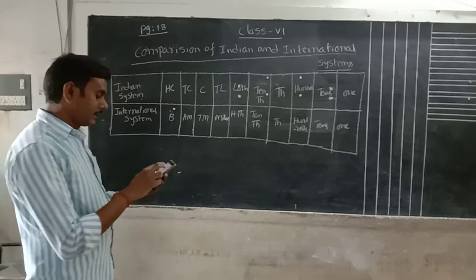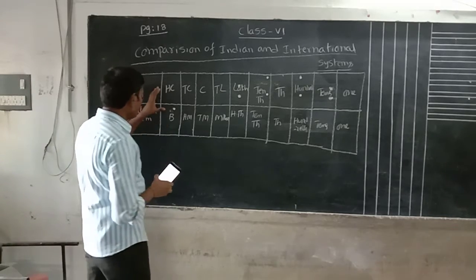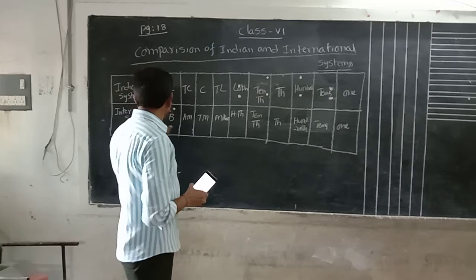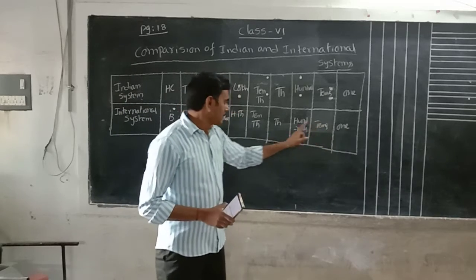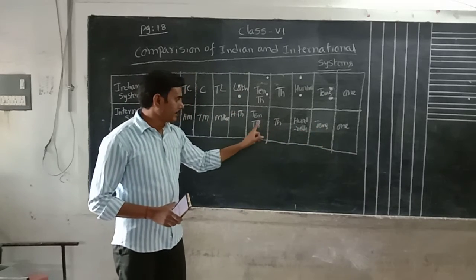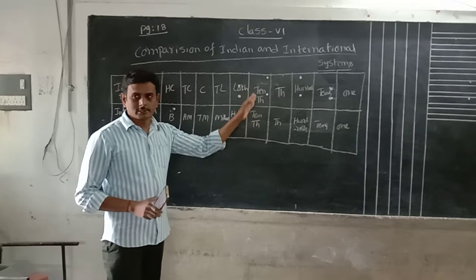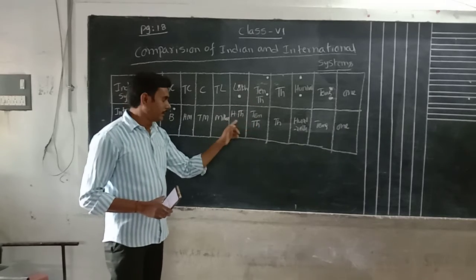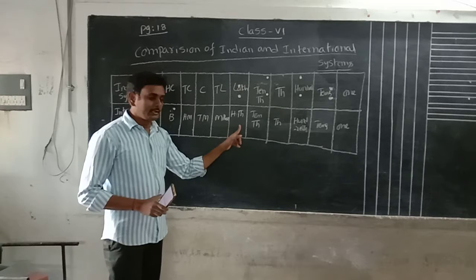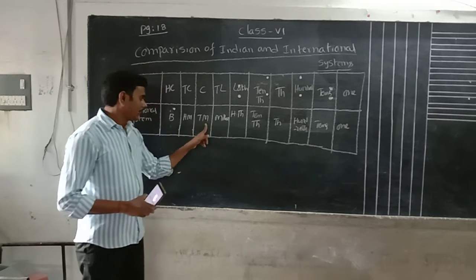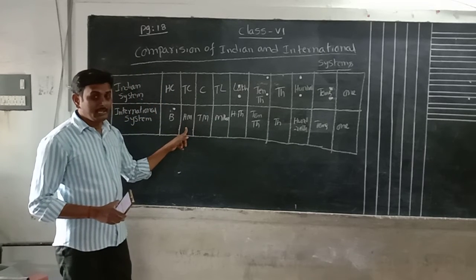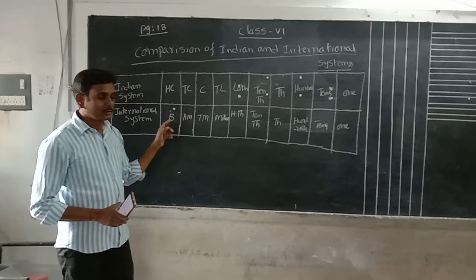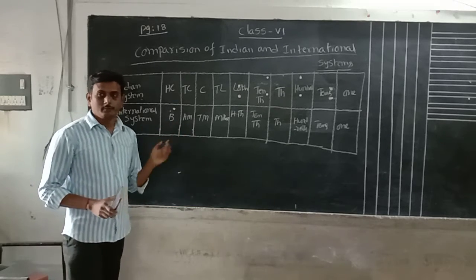One thing to remember: what are the place values in the international system? Ones, tens, hundreds, thousand, 10,000. Up to this, both systems are the same. After 10,000 we get 100,000, million, 10 million, 100 million. Don't confuse: after million only we get a billion.